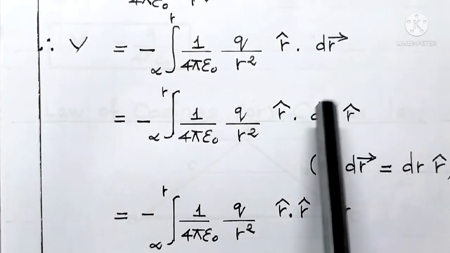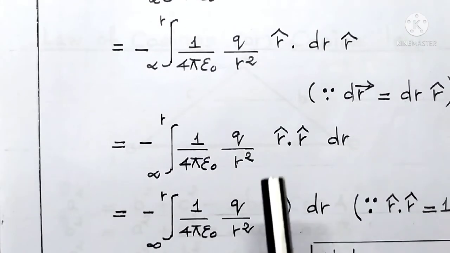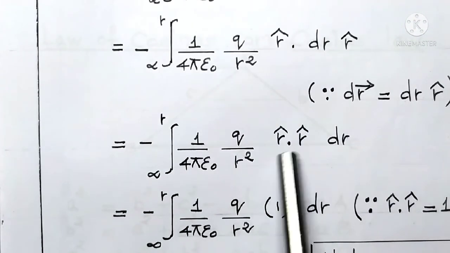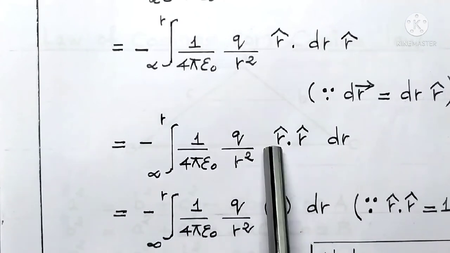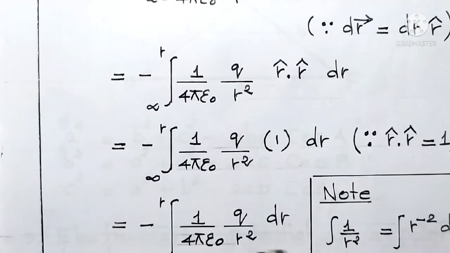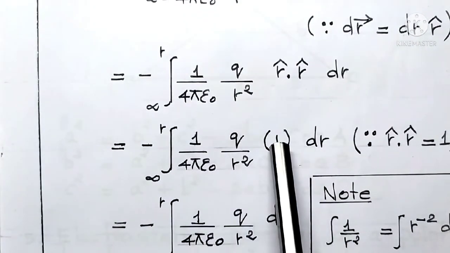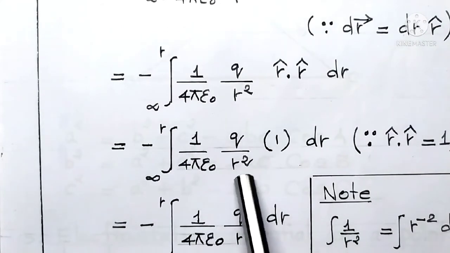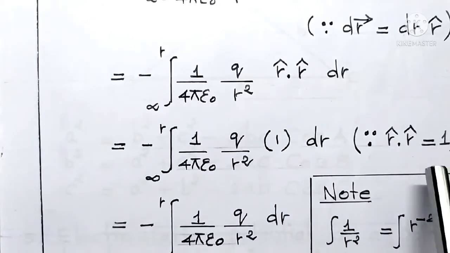So in the next step, this r cap and r cap are grouped together: r cap dot r cap and dr. We all know that the dot product of two unit vectors is nothing but 1. So 1 by 4 pi epsilon naught Q by r squared into 1 into dr, because r cap dot r cap is equal to 1.